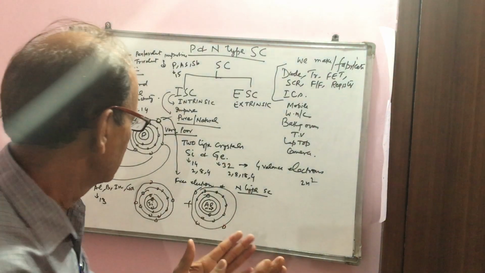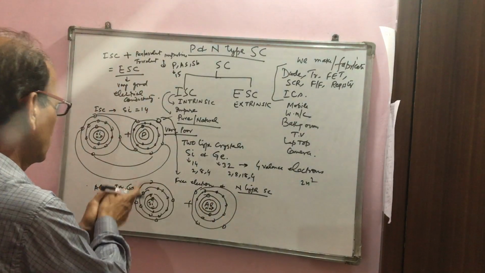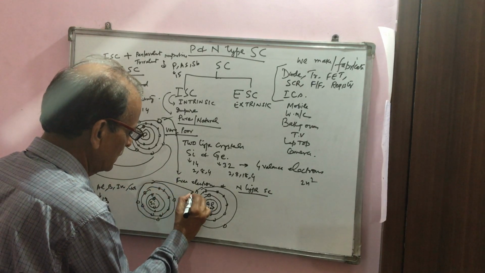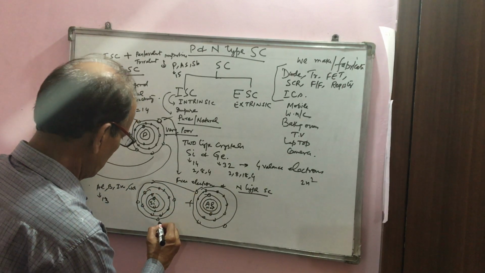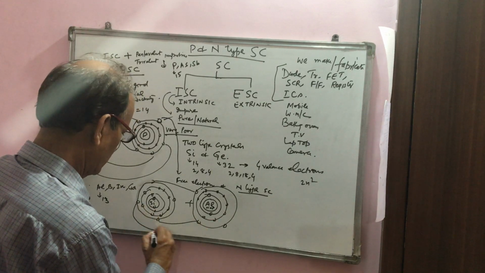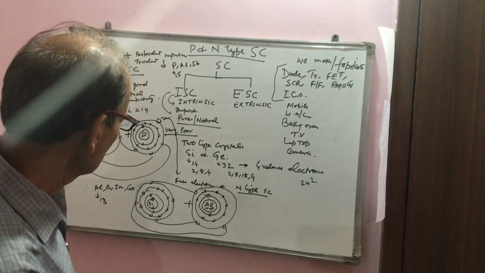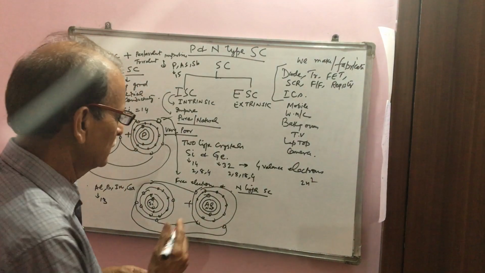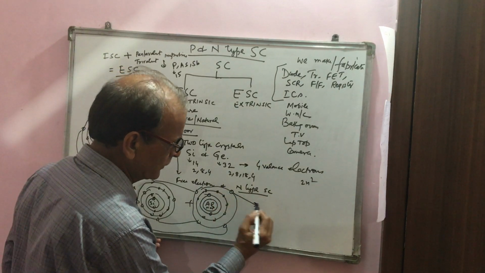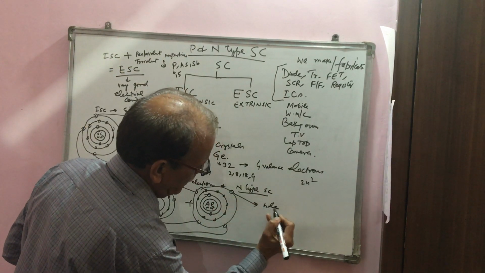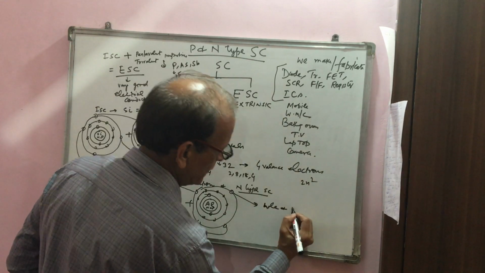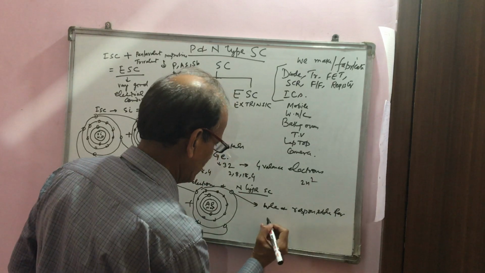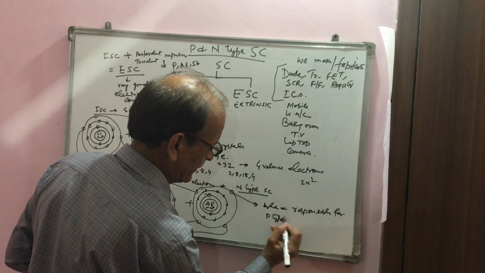So when we add this trivalent impurity in this intrinsic semiconductor, 3 outermost electrons will form covalent bonding, and a vacant space is left in the aluminum. This vacant space will create a hole and is responsible for P-type semiconductor.